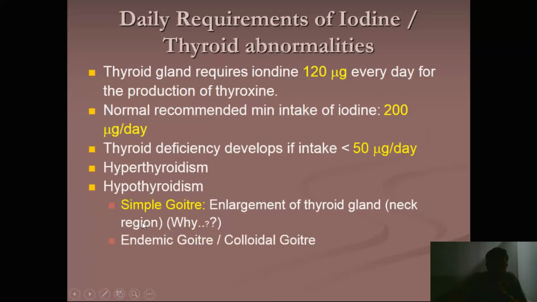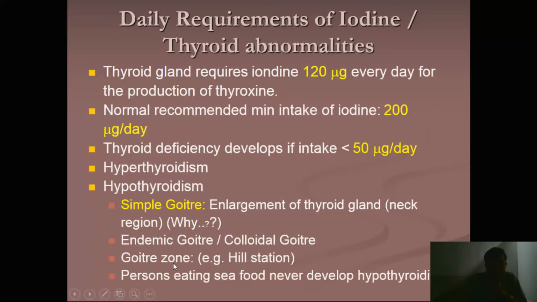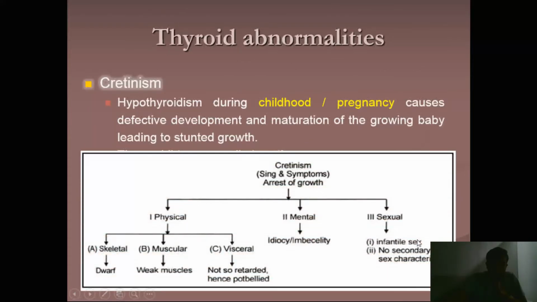It is also called endemic goiter or colloid goiter, because it is localized to specific areas. You can also make a very simple assumption: wherever hilly areas are there, all hill stations, those are referred to as goiter zones. A person eating seafood, because seafood is rich in iodine, definitely will never develop hypothyroidism, right?